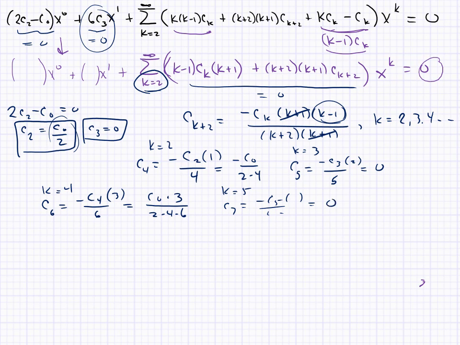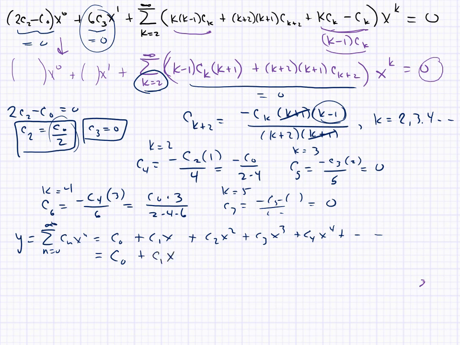Alright, so now let's go back to what we said. We said our solution was of the form the sum from n equals 0 to infinity of c sub n x to the n, which in this case would be c sub 0 plus c sub 1x plus c sub 2x squared plus c sub 3x cubed plus c sub 4x to the 4th, etc. Notice in this whole process we never figured out what c sub 0 equals, so that's just going to stay c sub 0. We still didn't find what c sub 1 equals, so that's going to stay c sub 1.